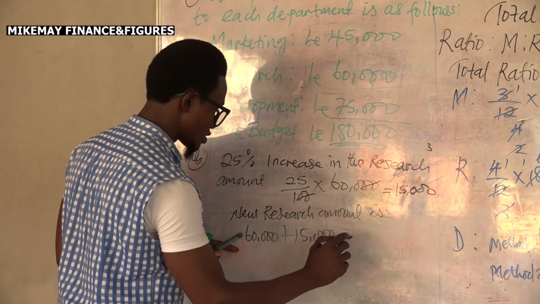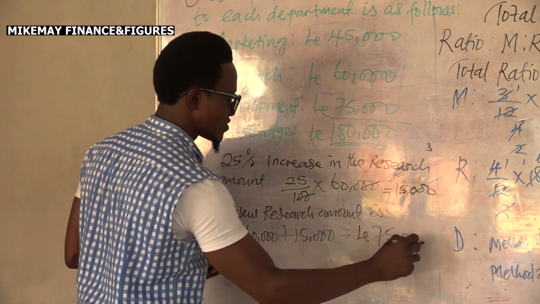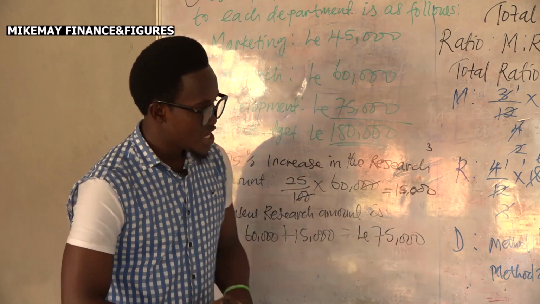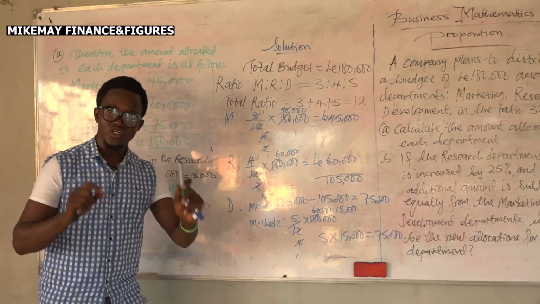This should give us the total of 75,000. So this is the new amount that should be allocated to the research department.